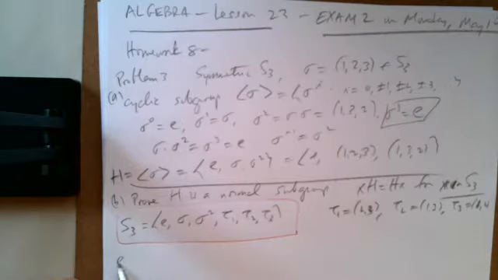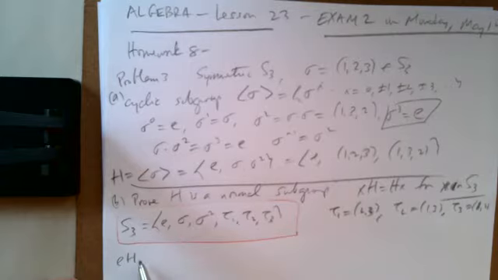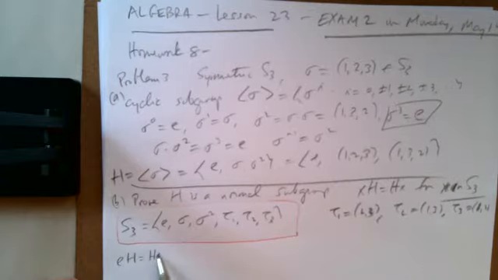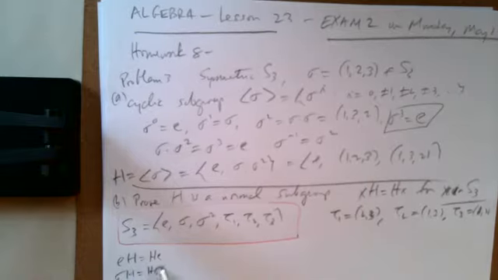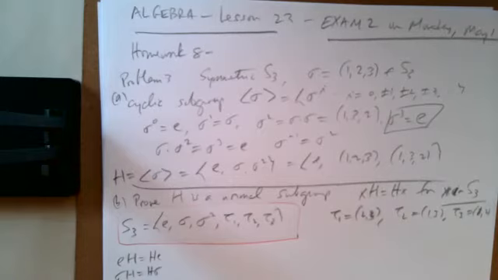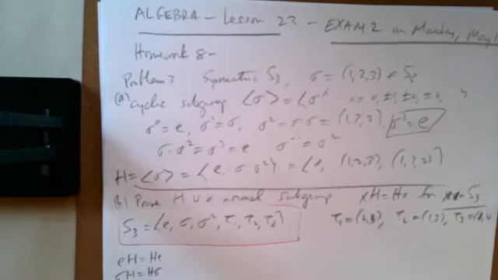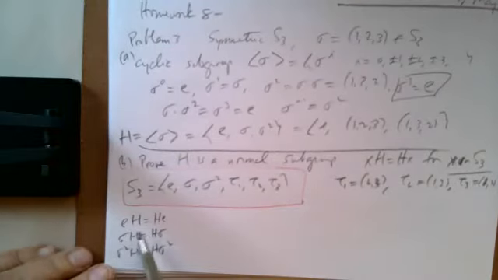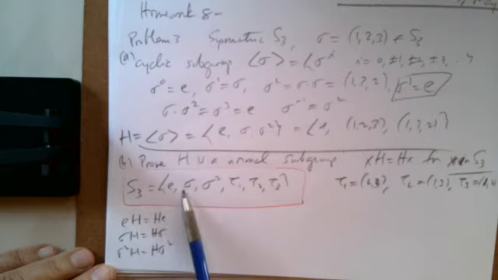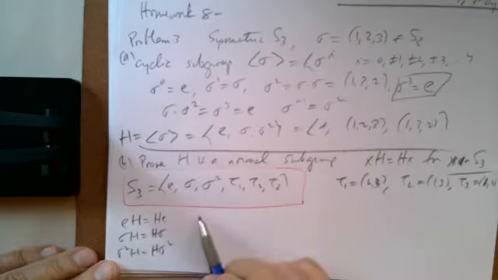So if we take E times H, that's certainly H times E, and multiplying everything in a group by something in the group doesn't change it. So these 3 relations hold when you look at the left coset and the right coset by the elements E, sigma, and sigma squared. What about tau 1?